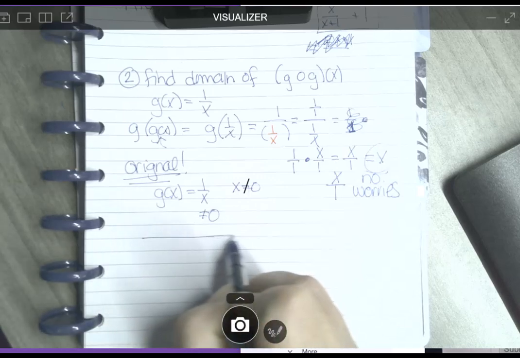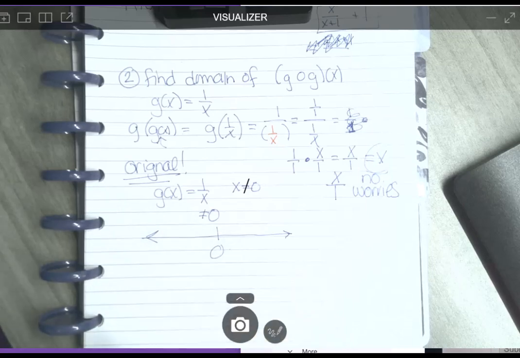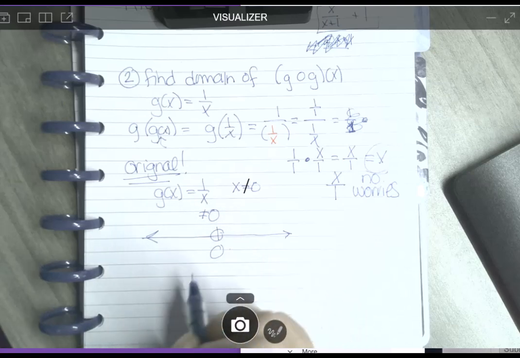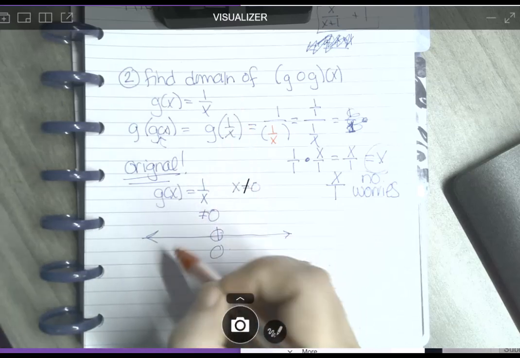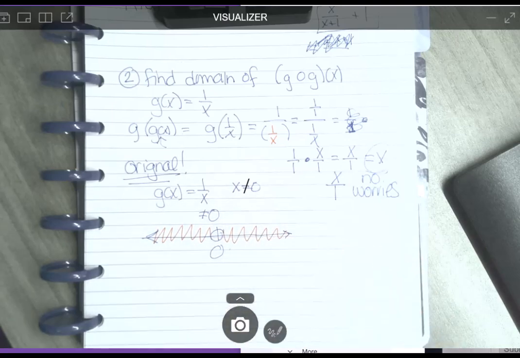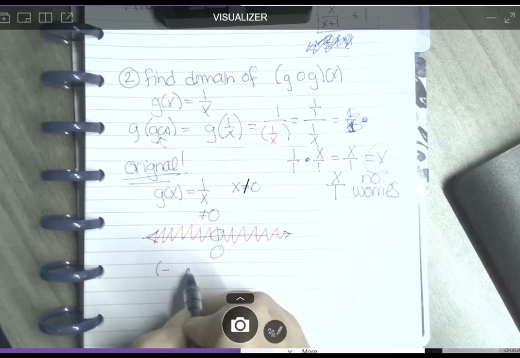I'm going to make my number line. And I'm going to put 0 right in the middle. Since we cannot have 0, I'm going to put an open circle. Now what we can have is everything over here, everything over here. So let's write our interval notation. What's happening on the left? Well, I have negative infinity.